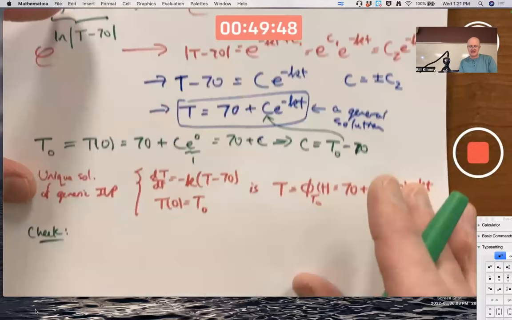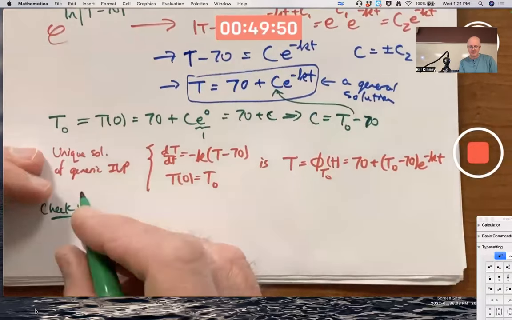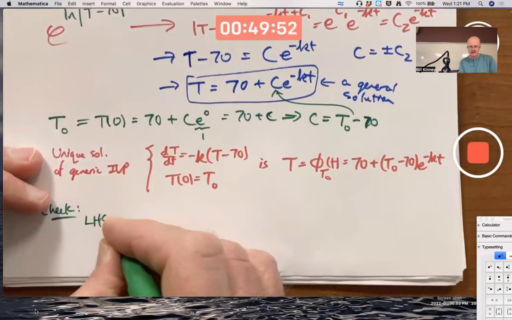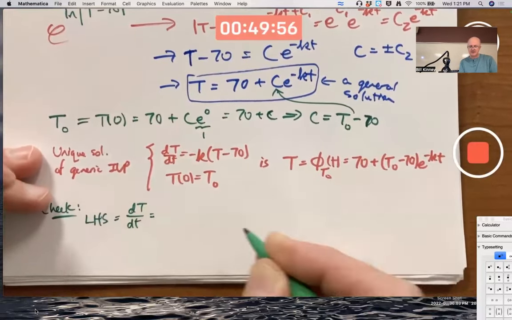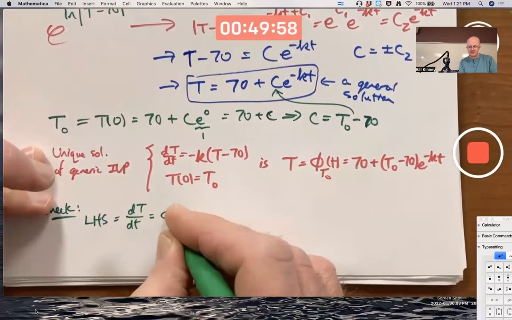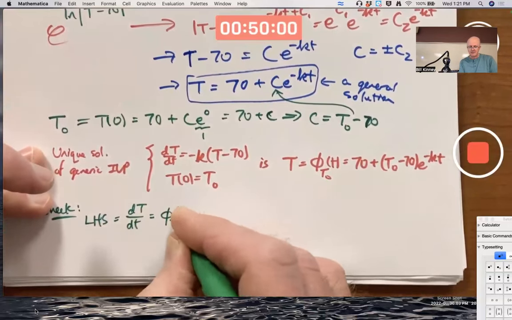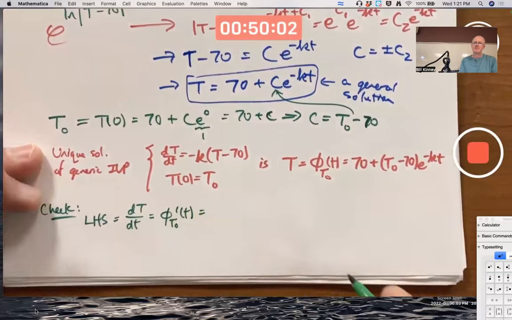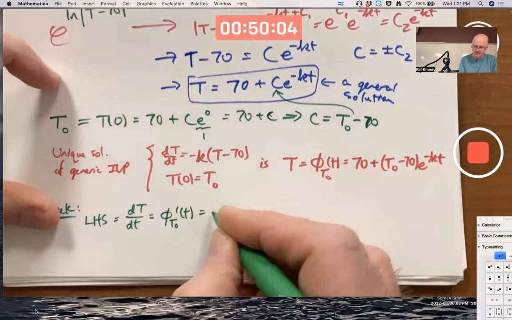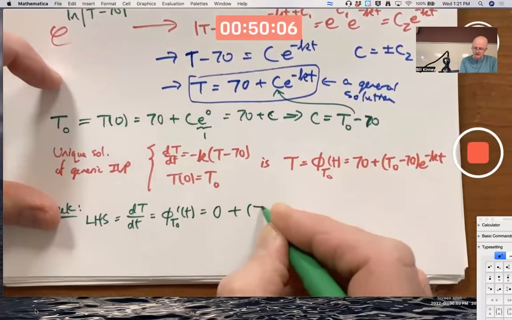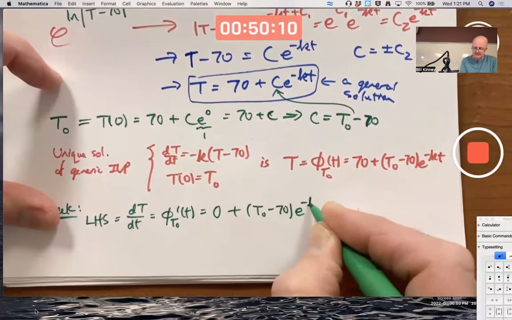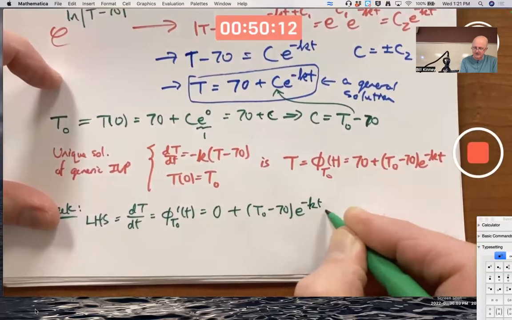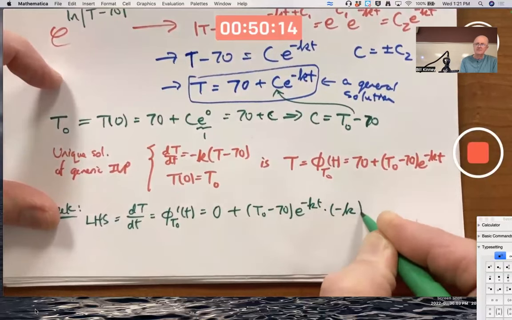So the left-hand side, LHS, is d capital T, d little t. Substitute this phi function in there, meaning take its derivative with respect to little t. 70 differentiates to 0. The second term, when you differentiate it, is itself with an extra factor of negative k from the chain rule.